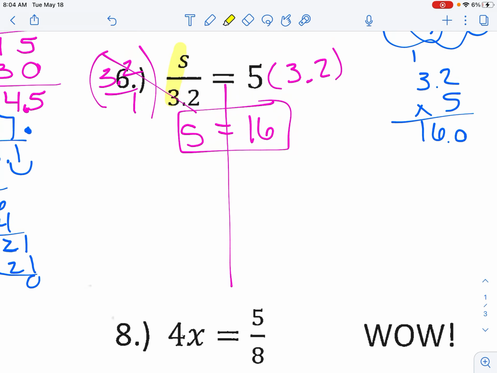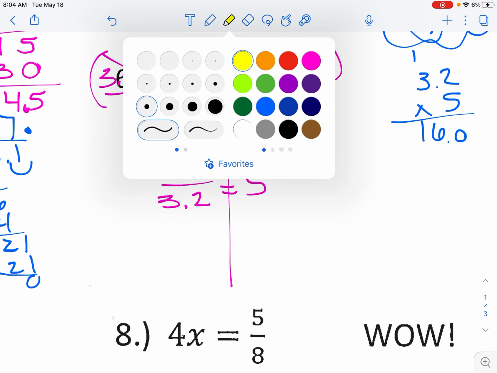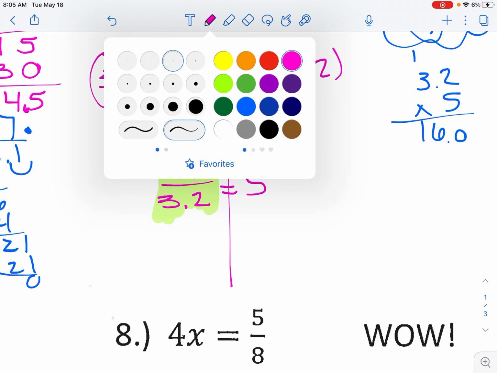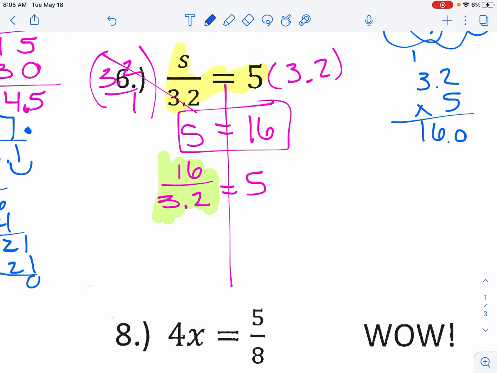Substitution. We're going to rewrite this equation, but we're going to substitute 16 for S. Is 16 divided by 3 2/10 equal to 5? You have to show me the math out to the side to check your solution.